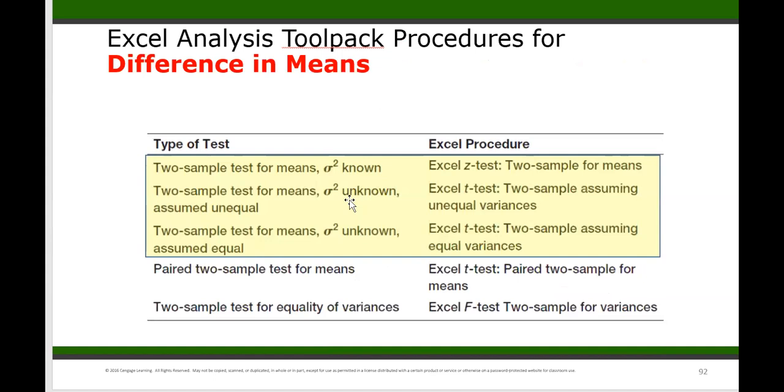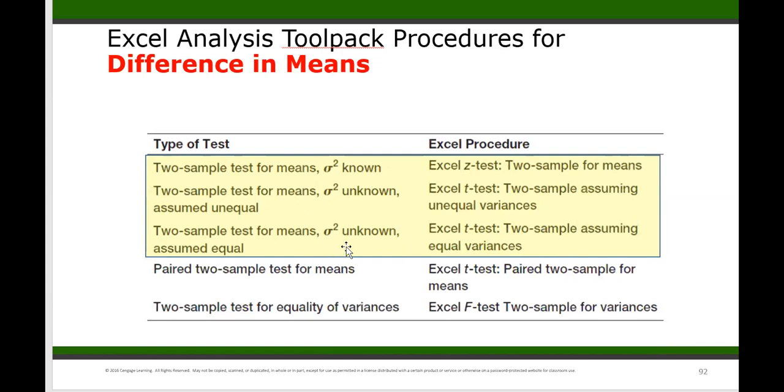So when we have independent samples, completely different samples, we can use any of three tests. These are the tests that Excel provides: Z-test two-sample for means, T-test two-sample assuming unequal variances, or T-test two-sample assuming equal variances.